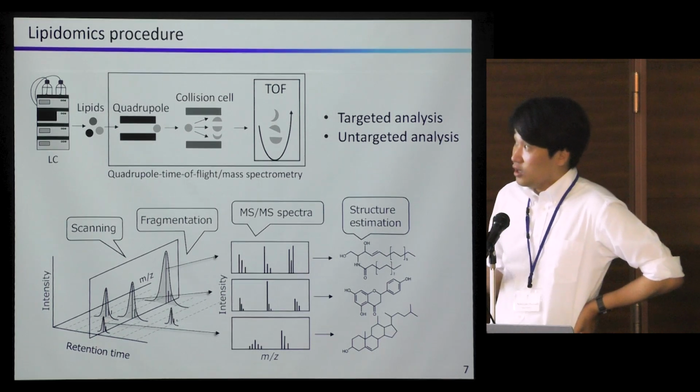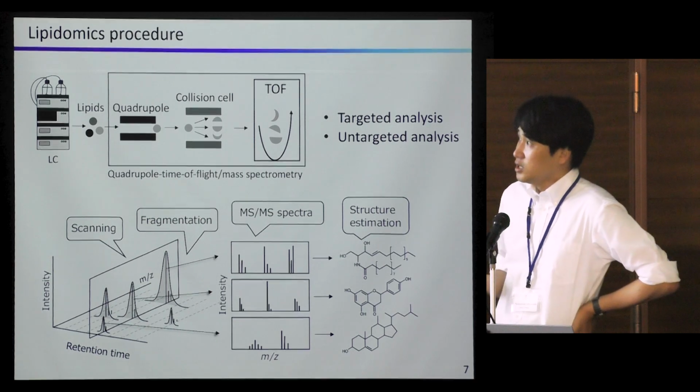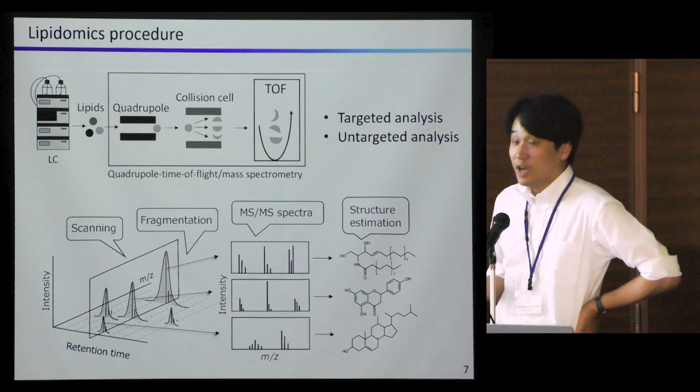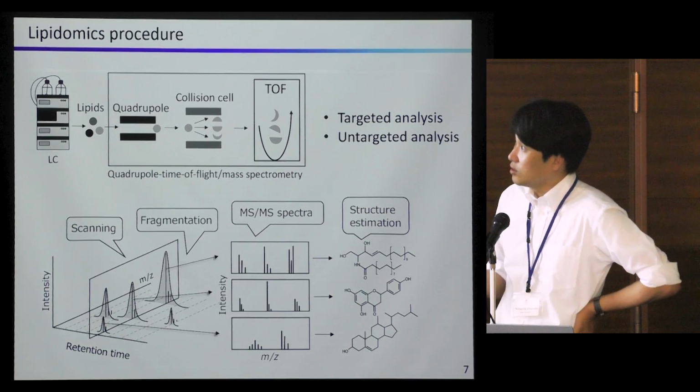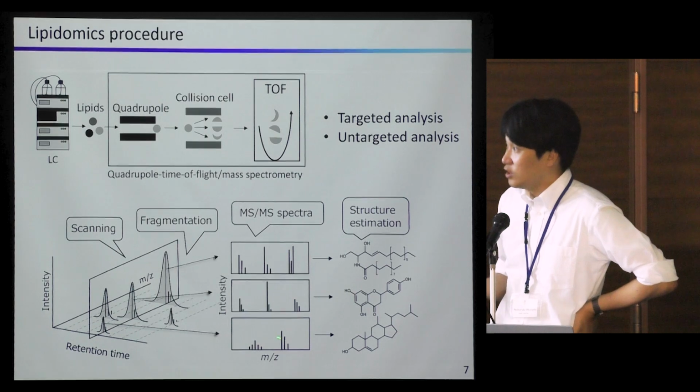Lipidomics studies generally use mass spec. In LC, we separate the complex samples, and next the components are ionized, and the mass spec fragments lipids into small fragments, and we can see this kind of data.